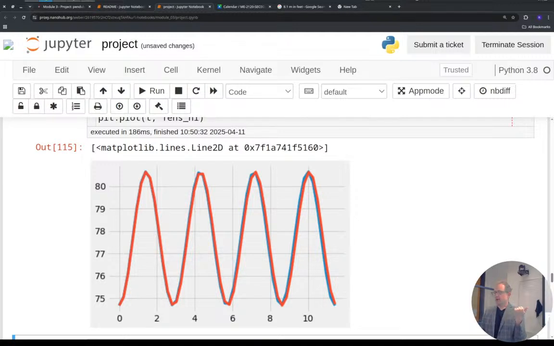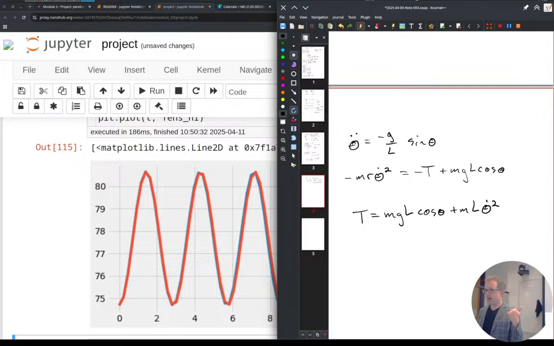Now looking at linear versus nonlinear, if I'm using that full equation for the constraint, where I'm not approximating that cosine theta is theta, and I'm not getting rid of that theta dot term, then we can plug in the real values and get a real value for tension.